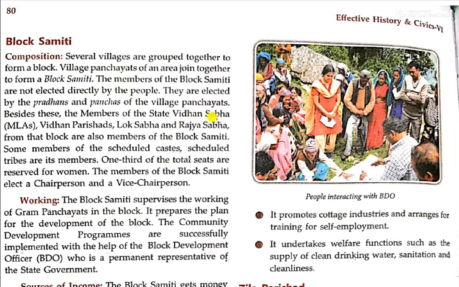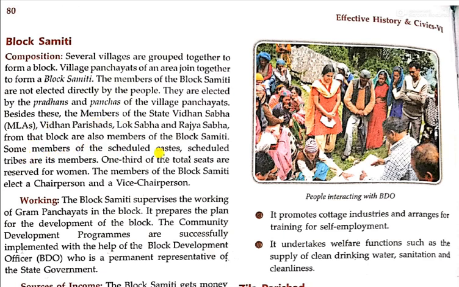The Vidhan Sabha is the lower house in the state, and the Vidhan Parishad is the upper house. Members of these two, and members of the Lok Sabha and the Rajya Sabha are also members of the block samiti.